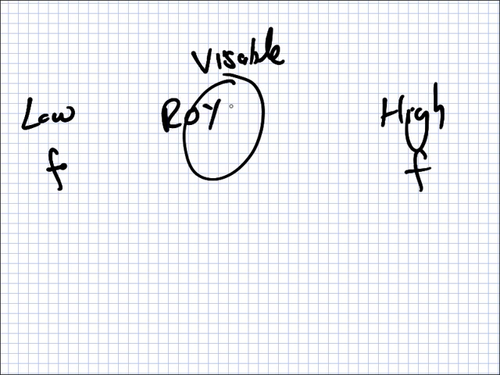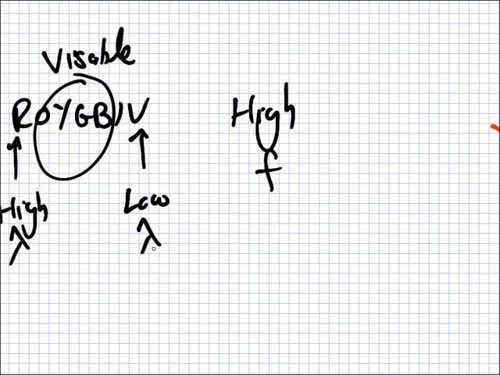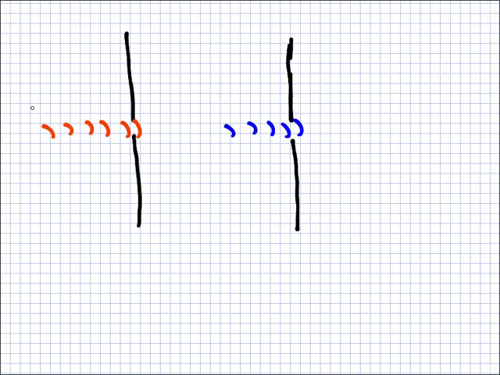Violet has a high frequency and red has a low frequency. So this one here has a low wavelength and this one here has a high wavelength. So if you look at the picture, red has a high wavelength. So here the wavelength is big and here the wavelength is small.